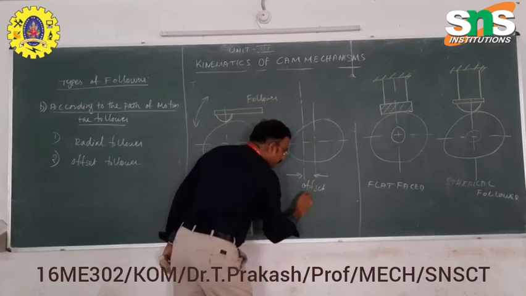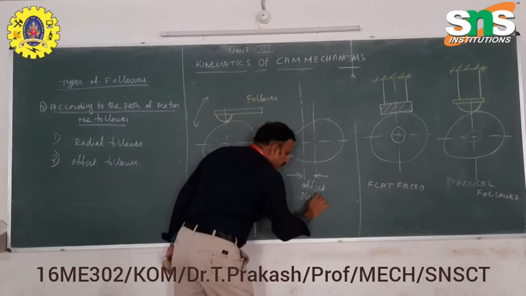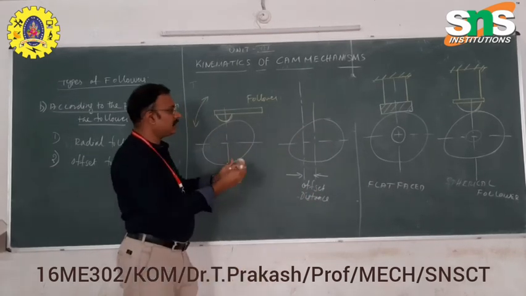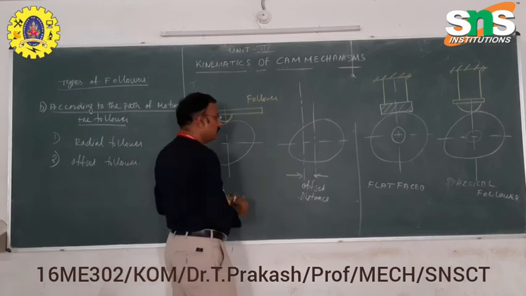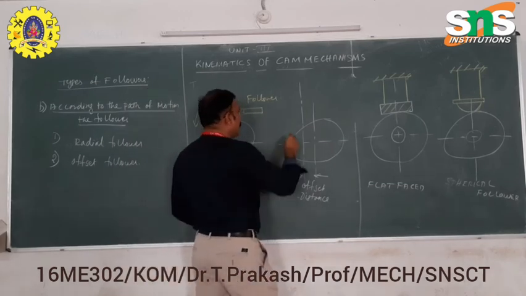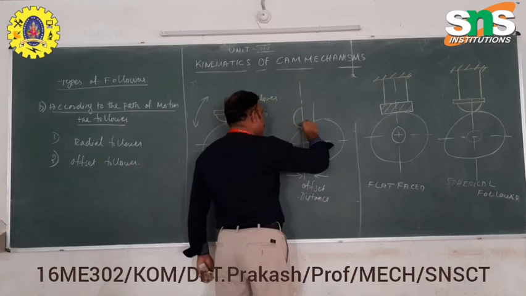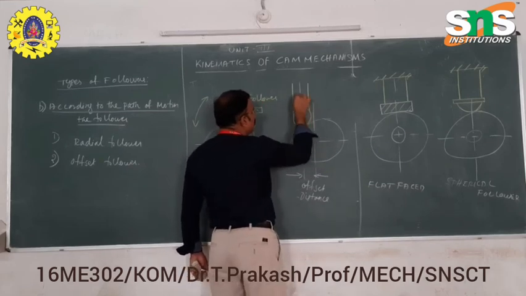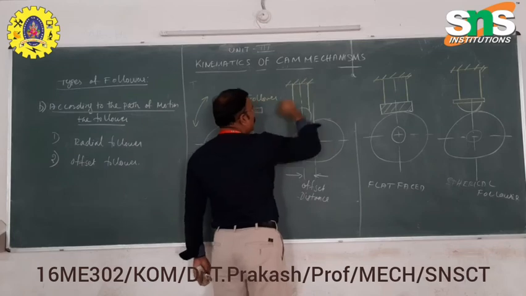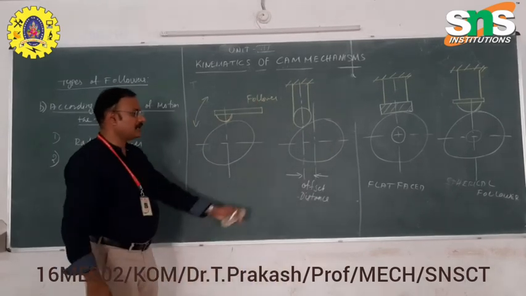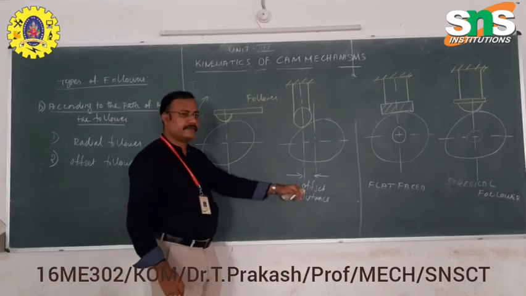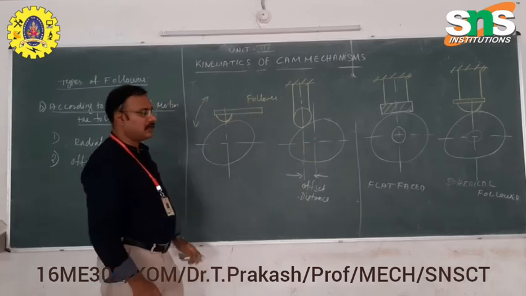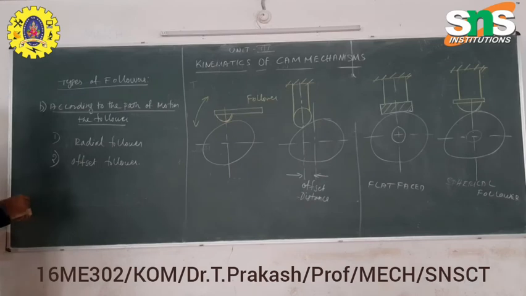To reduce the wear and tear and to reduce the side thrust on the cam, we go for an offset follower. Therefore, for our application purpose, we are going to design the offset follower with some offset distance from the cam axis. It is called as an offset follower.